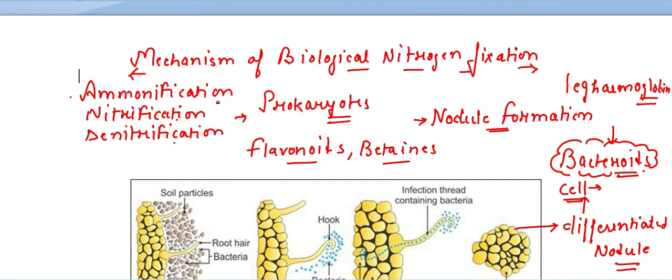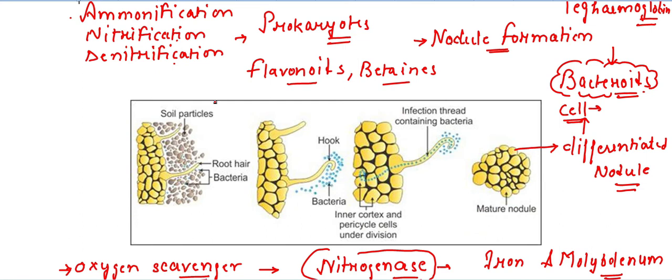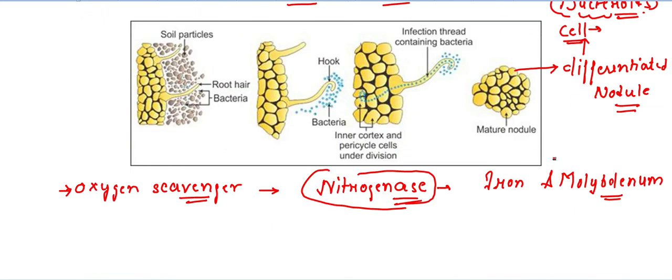Here the symbiotic nitrogen fixation involves the invading of the bacteria inside the root hairs, and the infection thread is formed, and the bacteria enter and infect the cortical cells. Inside the cortical cells, the bacteroids are formed, which are polyhedral structures, and a pigment is formed which is leghemoglobin, an oxygen scavenger.